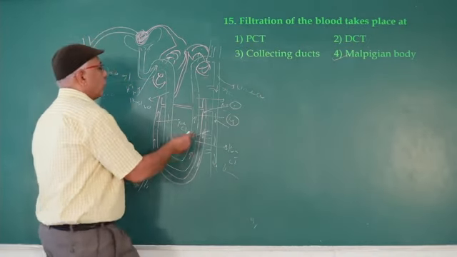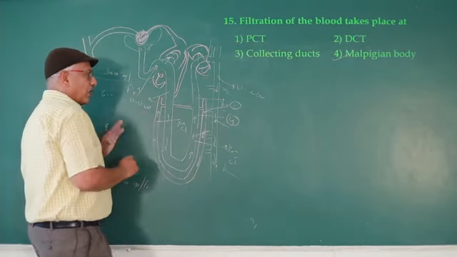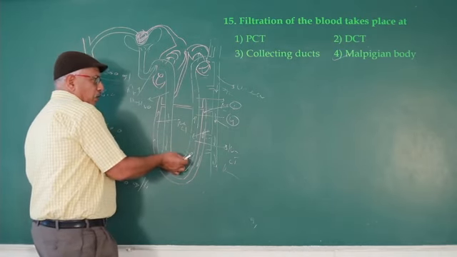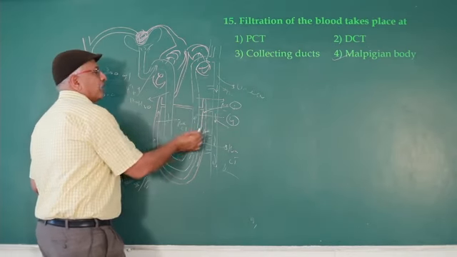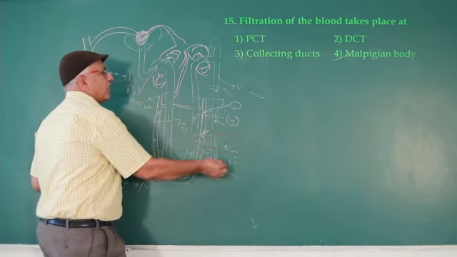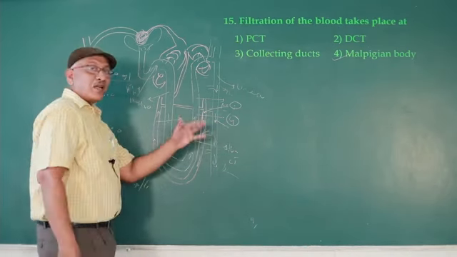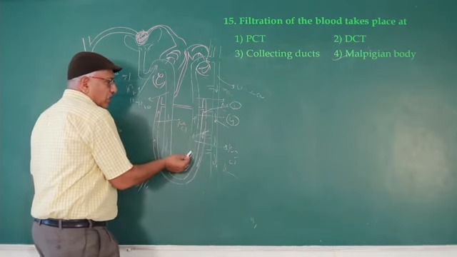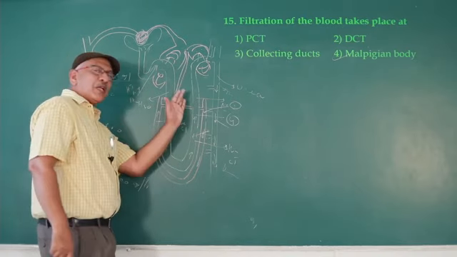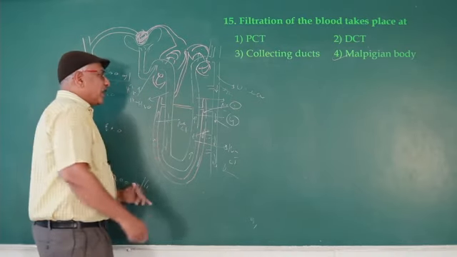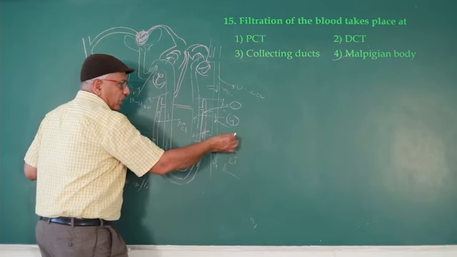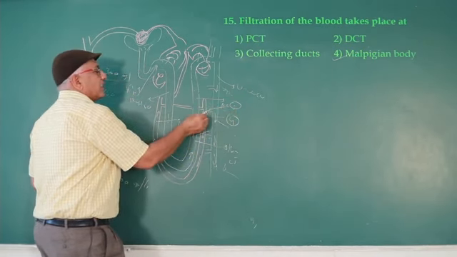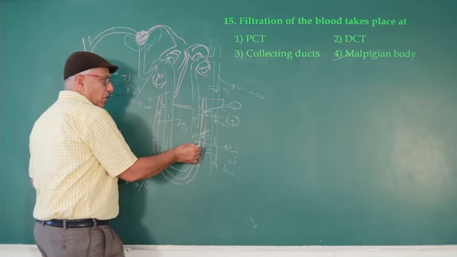After the counter current 3 points, the next 5 points are: while primary urine is passing through the ascending limb, electrolytes enter into the medullary fluid. So here electrolytes are reabsorbed. Maybe we discuss the possible questions later. Next point, electrolytes present in the medullary fluid are secreted into the descending limb of vasa recta.